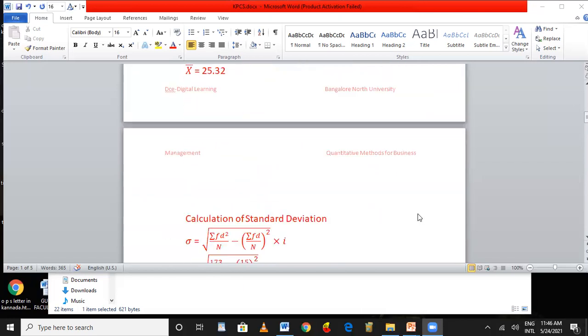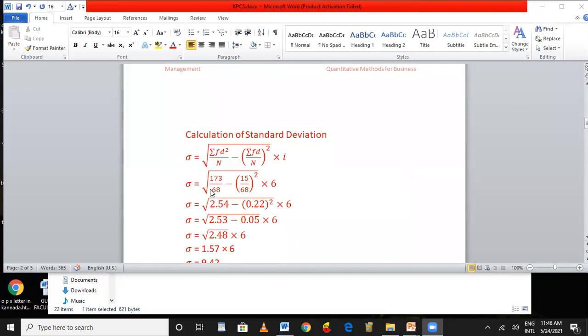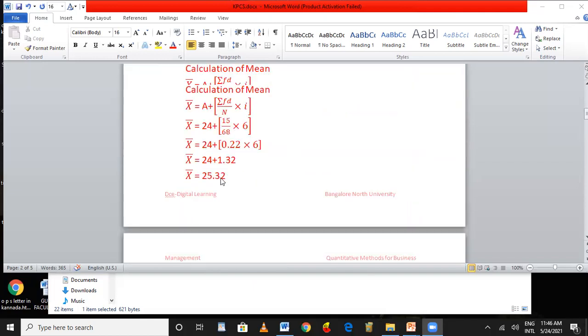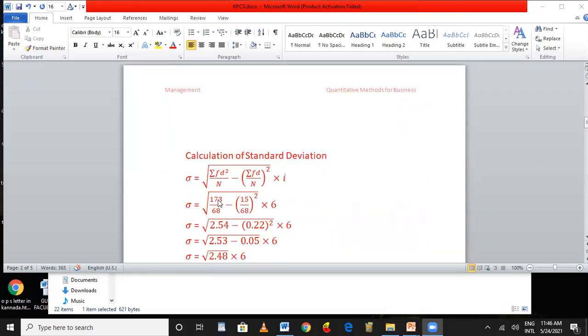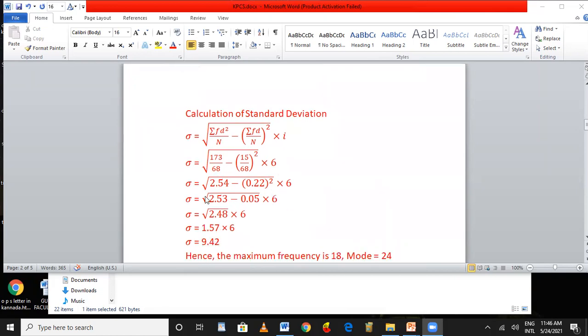Sigma FD is 15, sigma FD square is 173. We have to apply these in the formula of the standard deviation. It is the square root of sigma FD square, 173, divided by 68, N is equal to 68, minus 15, the sigma FD, divided by 68 whole square, into I, that is the common factor here. Standard deviation is equal to the square root of 173 divided by 68, which comes to 2.54, minus 15 divided by 68, 0.22, whole square, which comes to 0.05, into 6 outside.